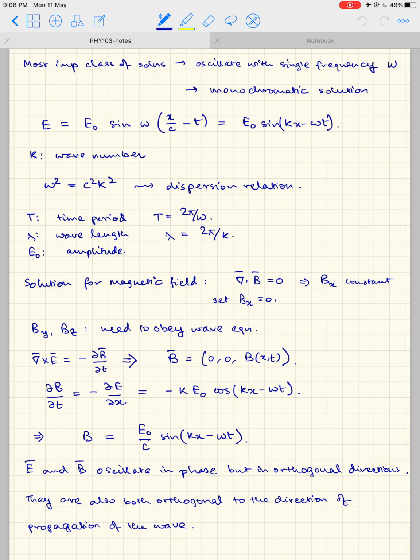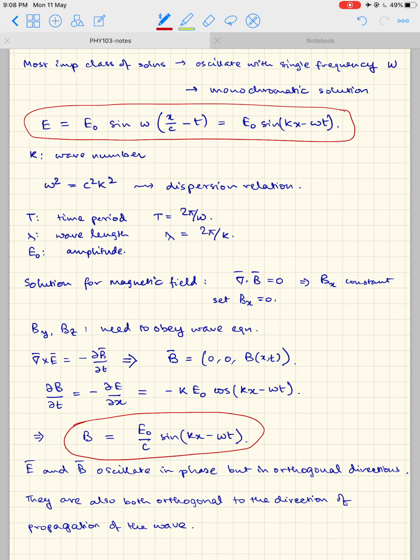An important thing about Maxwell's equations is that they are linear, and because they are linear, we are allowed to add any number of solutions of the above form, the form that we have written down for B and E. So we can add things like this up, and we will still have a perfectly good solution to the wave equation.